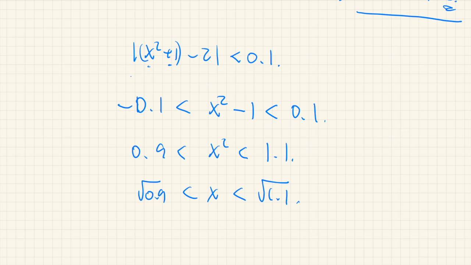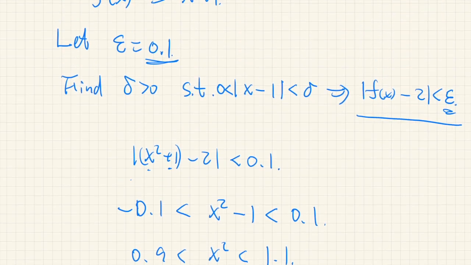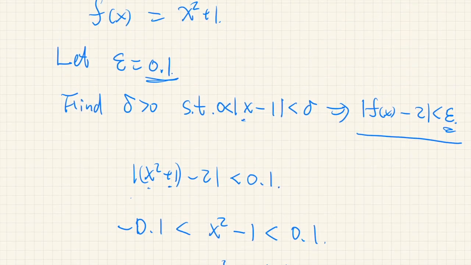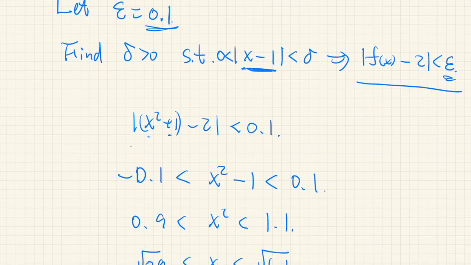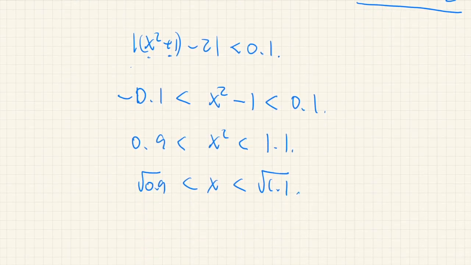We take the positive side because we are approaching x towards 1, positive 1, so it should be closer to positive 1 than negative 1.